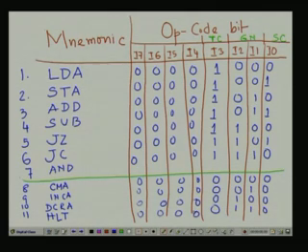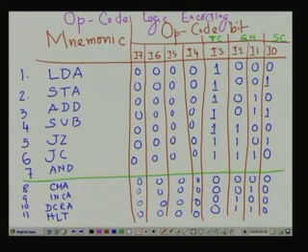So, in this way we can encode the opcode logic. This table gives me the opcode logic encoding. In this way, for these 11 instructions, I can design my 8-bit opcode.